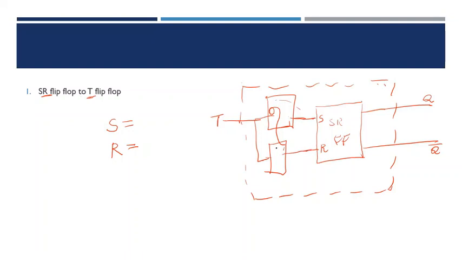This is what we have to do. Convert SR flip-flop to T flip-flop.